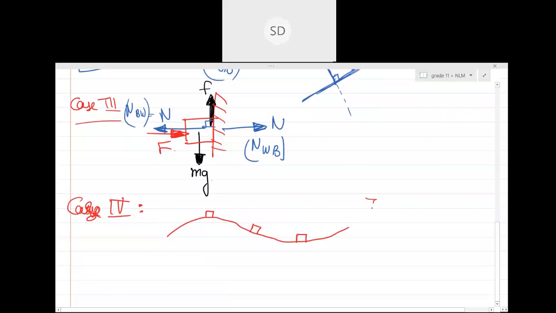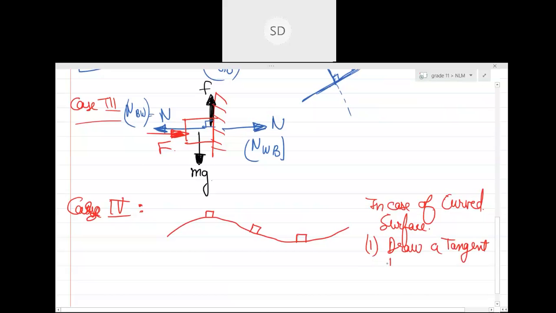Please remember, in case of curved surfaces, draw a tangent to the surface. Everyone knows how to draw a tangent, right? Where the object is placed.